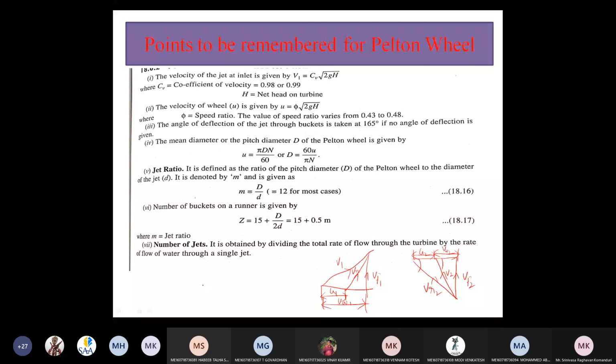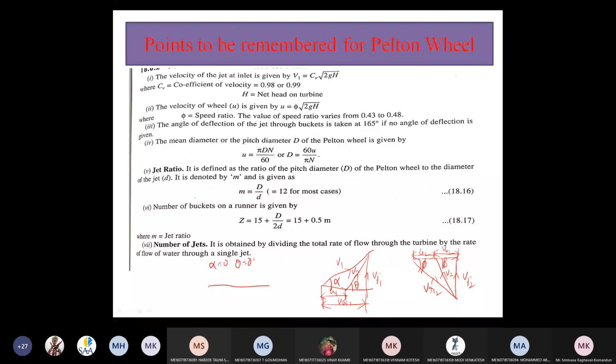If it is tangential flow direction, then alpha becomes 0, theta becomes 0, and the inlet velocity triangle becomes a straight line. If alpha is equal to 0, it simply becomes a horizontal line.